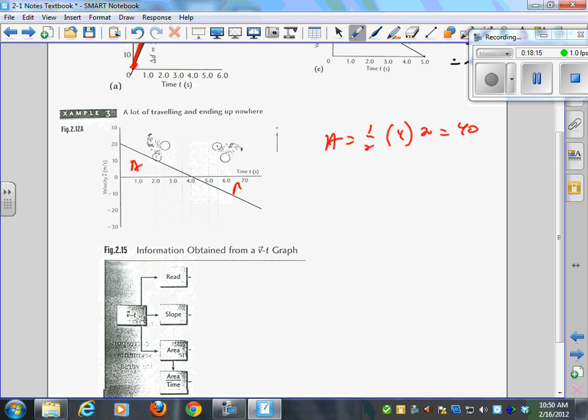This is B down here. So that's going to be 1/2 of also 4, but this time times minus 20, which is minus 40, giving me a total displacement of 0. You'll also see that at the bottom of page 43 of the book.